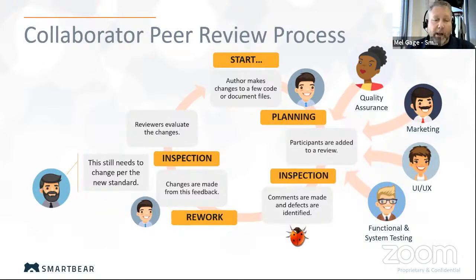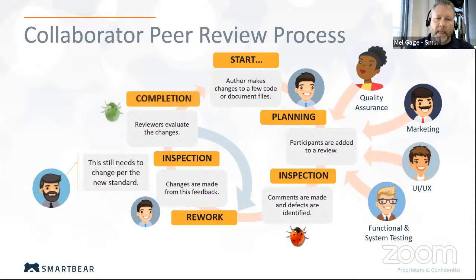If additional items need to be resolved, they can push it back to rework and allow the author to make additional changes. And this inspection-rework cycle can go on as many times as necessary until everyone is satisfied that all of the marked-up defects have been resolved, and we can move that review to the completed state. Now, depending on the type of integration we're working with, that completion state can mean a couple of different things.